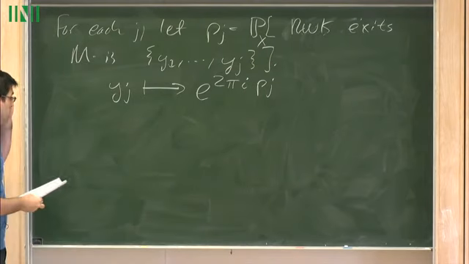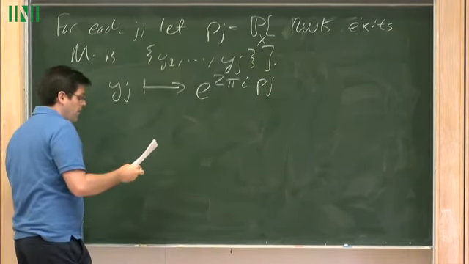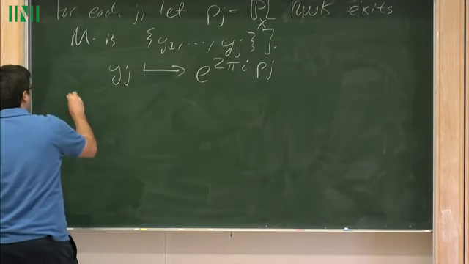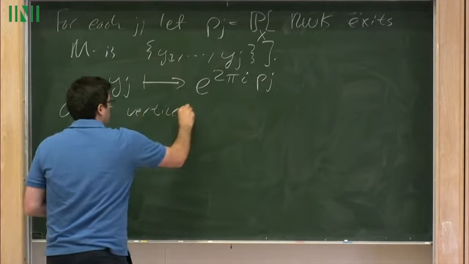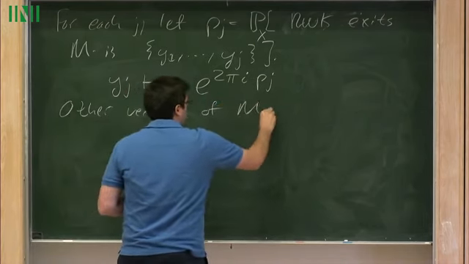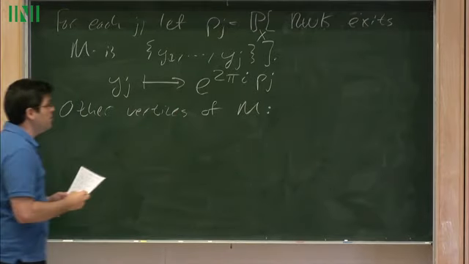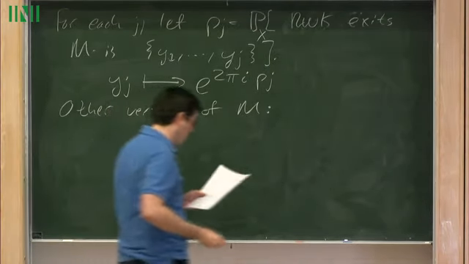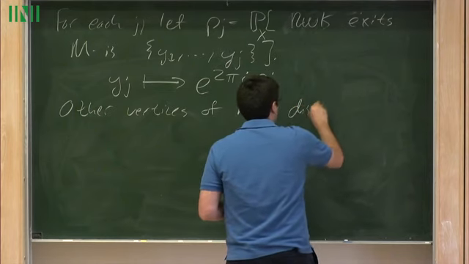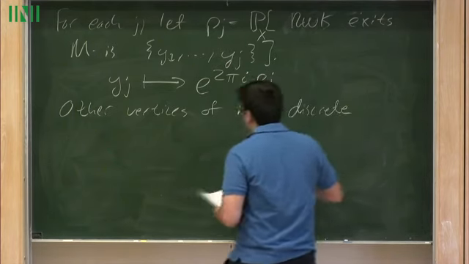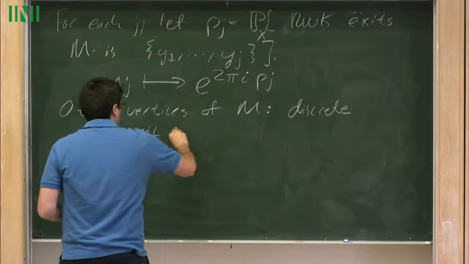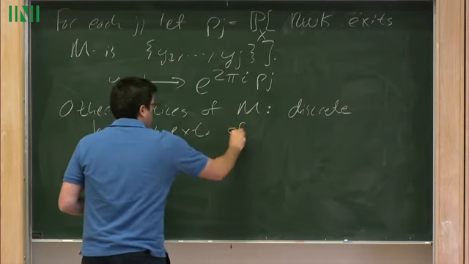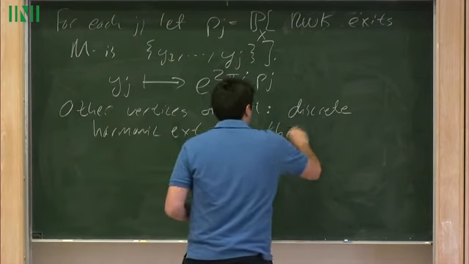Okay, so this defines the map on the boundary, and then for the other vertices in the interior of the map, I'm going to define my map by making it be discrete harmonic. So it's just going to be the discrete harmonic extension of these boundary values.